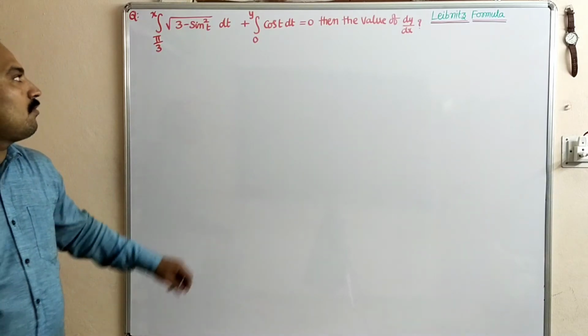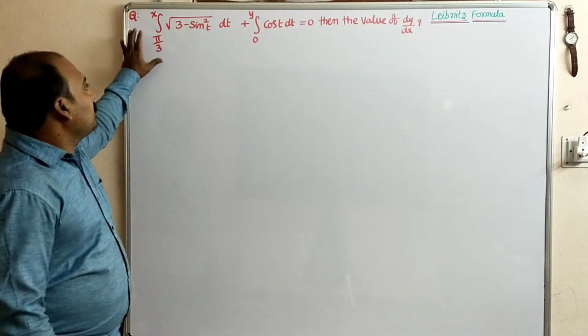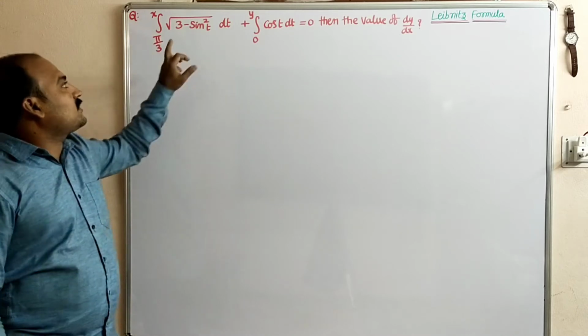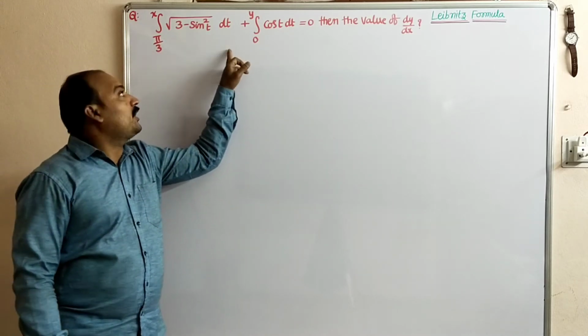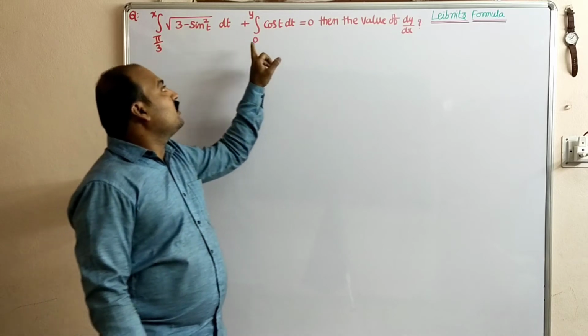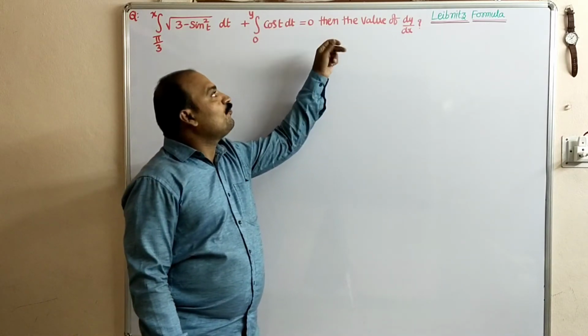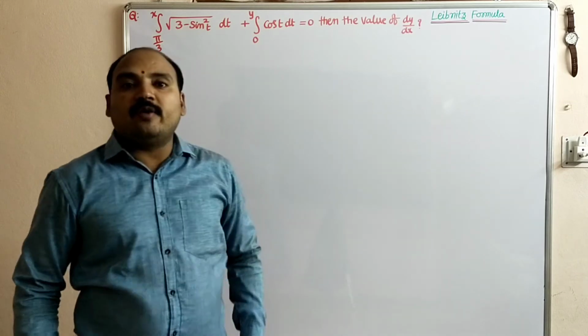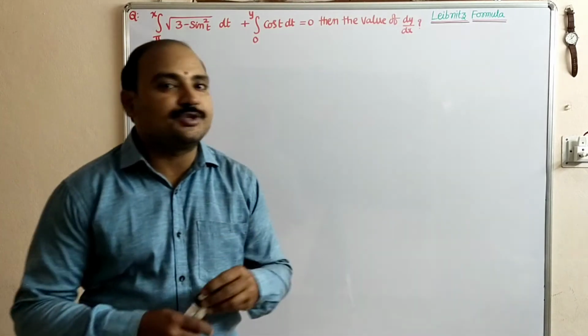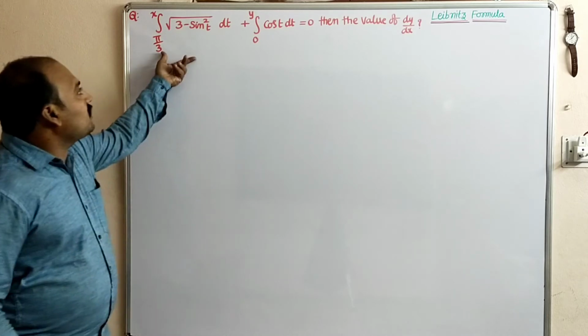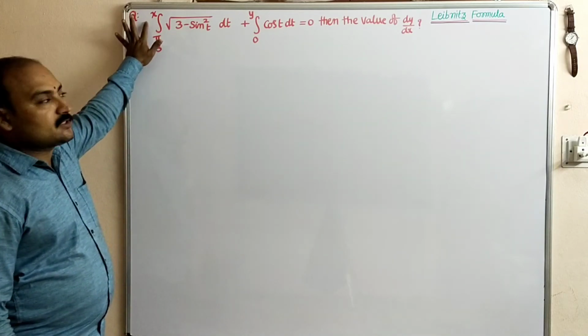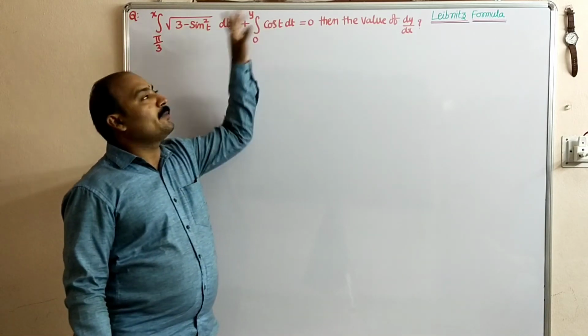See here, the next question: integral from pi by 3 to x of square root of 3 minus sine square t dt plus integral from 0 to y of cos t dt equal to 0, then the value of dy by dx is this. In the first term the upper limit is x, in the second term the upper limit is y.